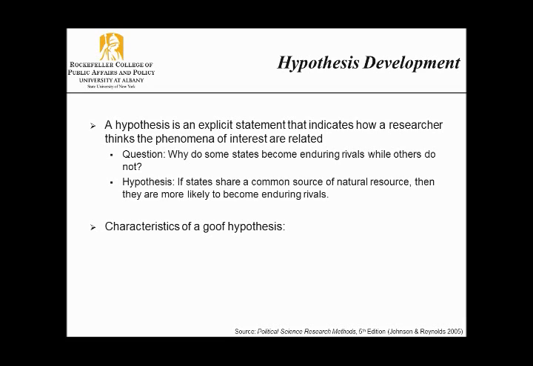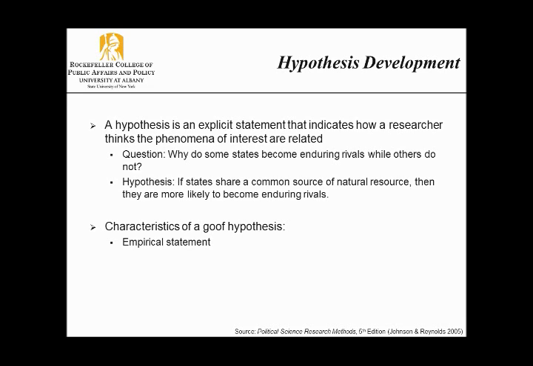Here are some characteristics of a good hypothesis. First, a hypothesis is an empirical statement. In other words, it is about how the world is, not about how the world ought to be. Being an empirical statement means the variables mentioned in the hypothesis should be measurable. Take a look at the example hypothesis on the screen. Can you measure the independent variable, common source of natural resource?